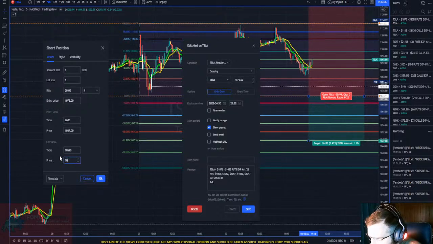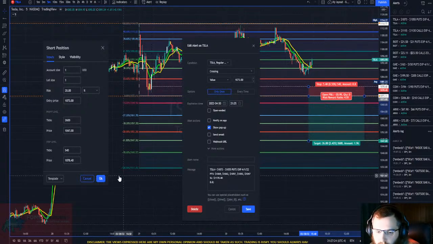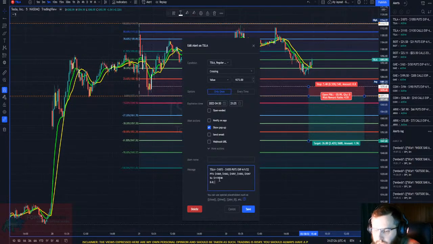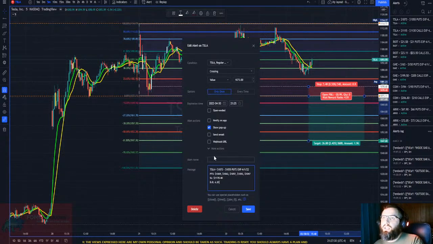Excuse me, I fat fingered that. Risk to reward of 4.81. Almost 5 times your money. All these trades have been above 3 or 4 on the risk to reward ratio.